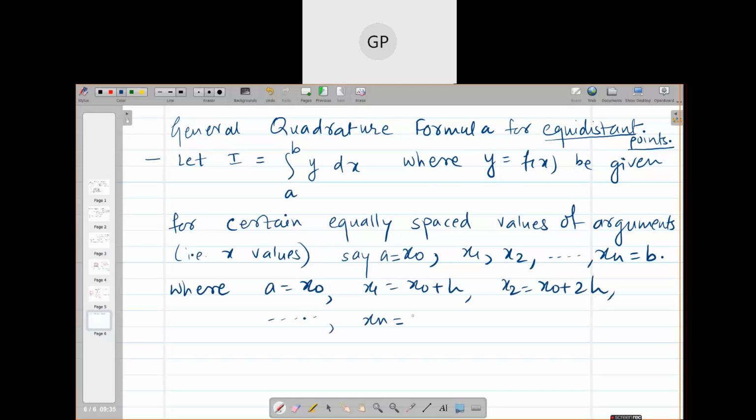Xn is equal to, how will you write xn? X naught plus nh, and that is nothing but b, the upper limit. So the lower limit is x naught, that is a, and upper limit is xn, that is b. Have you understood this? These are the prerequisites we need.